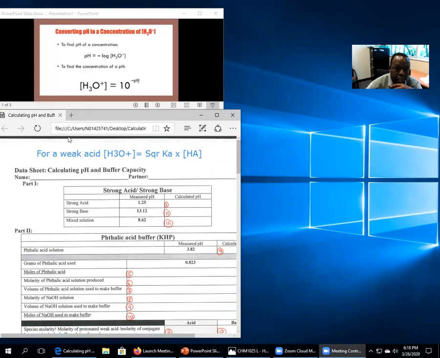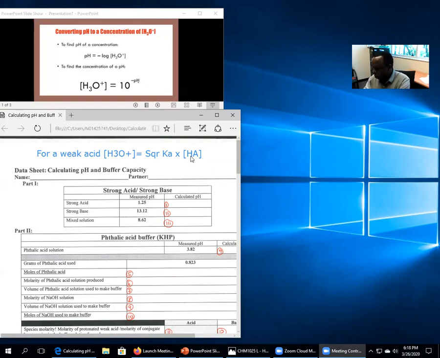For a weak acid, you need to find the hydronium concentration first by multiplying the Ka of the weak acid times the concentration of that weak acid. Of course, you know the concentration is the same as molarity. Molarity equals the number of moles over volume in liters.